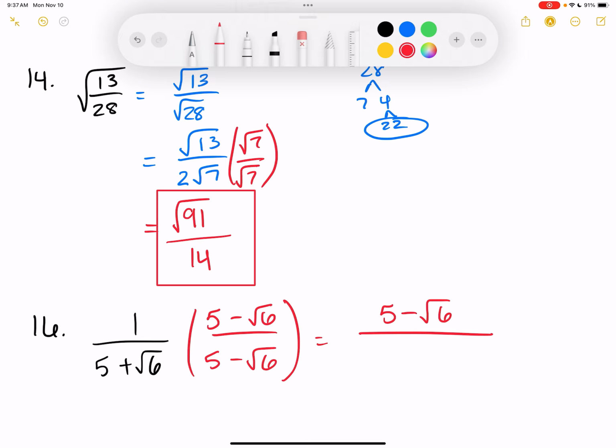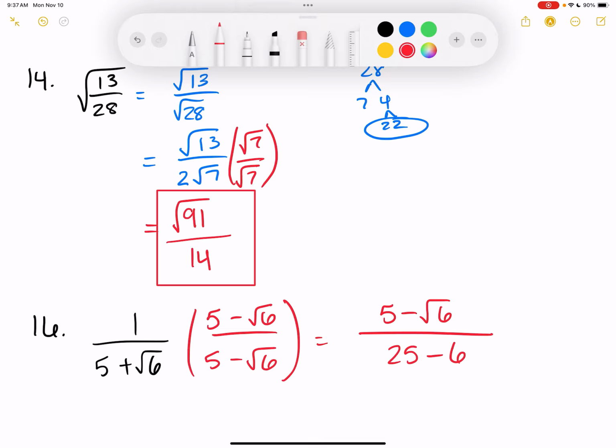Even though there's not a variable, that should still look like a difference of squares to you. That's going to cause the square roots to cancel. So I'm going to have 5 times 5 is 25. And then plus the square root of 6 times negative square root of 6. Those are opposite signs, so that's going to be minus, and those two things would just be the square root of 36, which is 6.